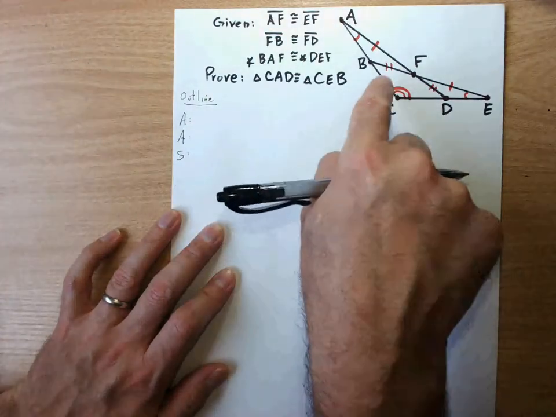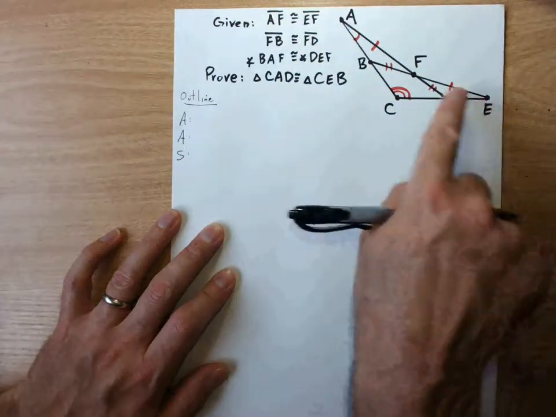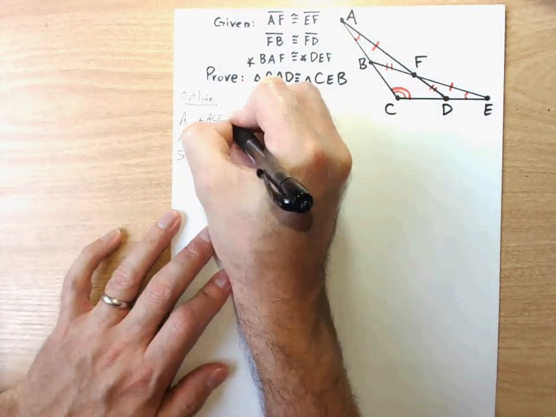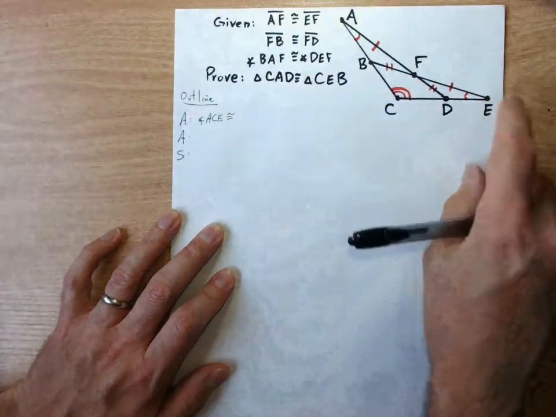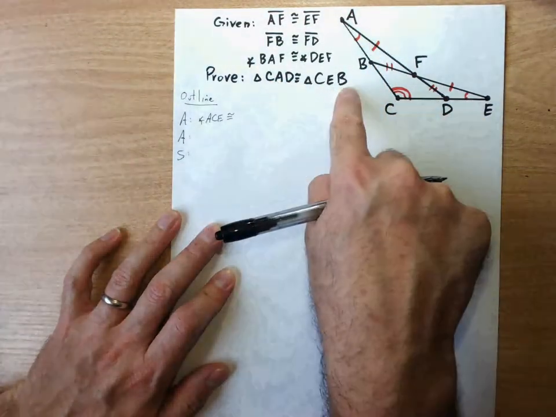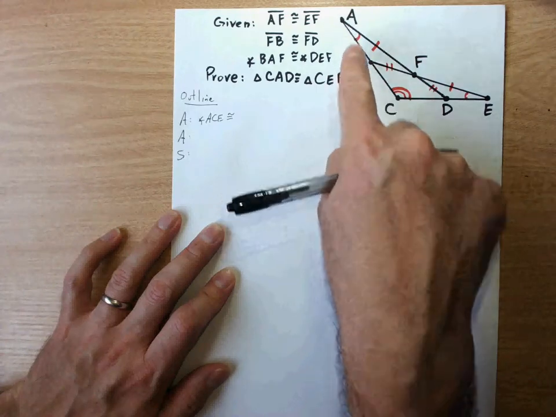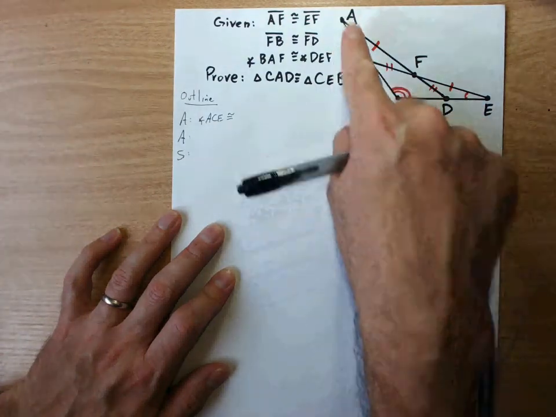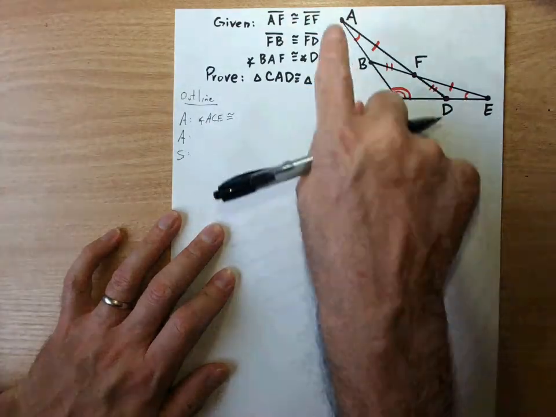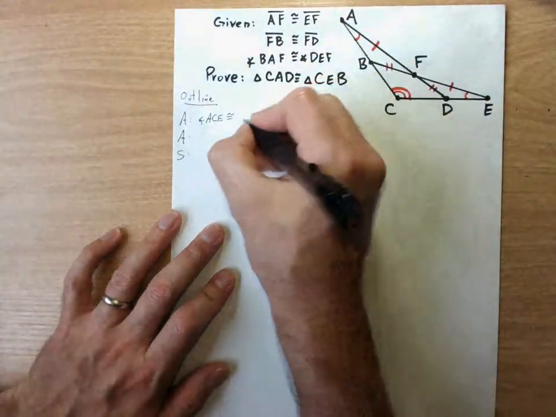So notice that angle ACE is congruent with angle, and I'm going to do it in the other order, because you'll notice that when we're talking about these, they are in the opposite order because it's kind of a reflection, okay? So ACE is congruent with ECA.